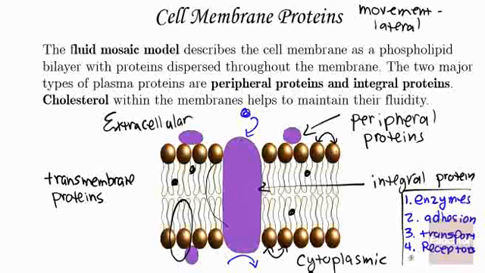And finally, recognition. Cell membranes have particular types and amounts of protein depending on the type of cell. So a cell in the GI tract will have different membrane proteins than a neuron. And these proteins allow other cells to recognize the cell type. And actually, what's very important in recognition are glycoproteins. You can tell from the name that this is talking about proteins with carbohydrate chains usually bonded to the protein.